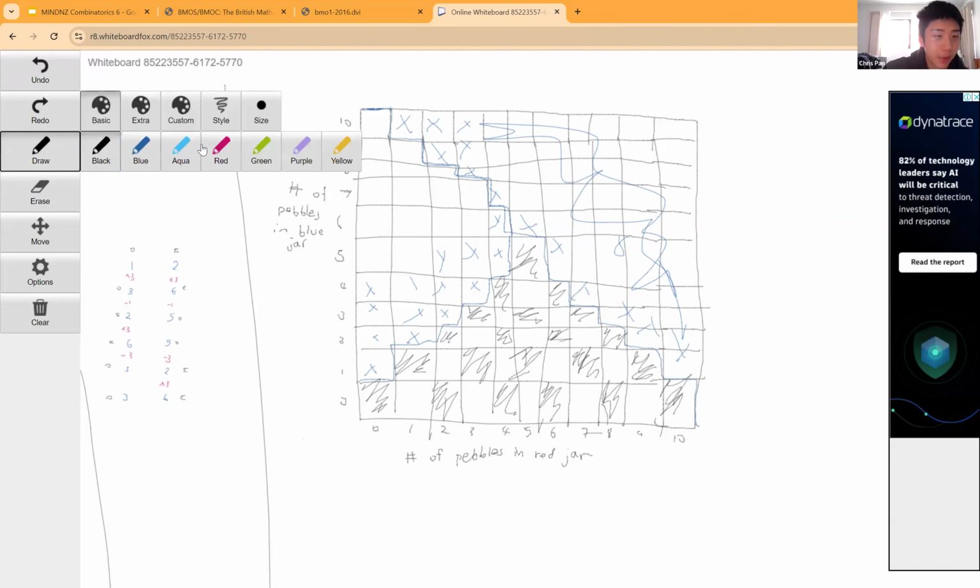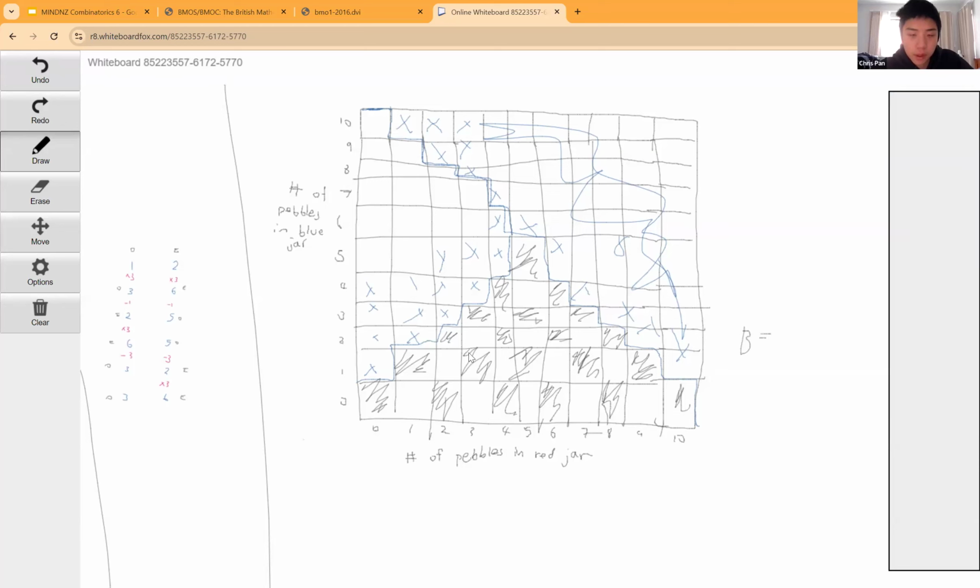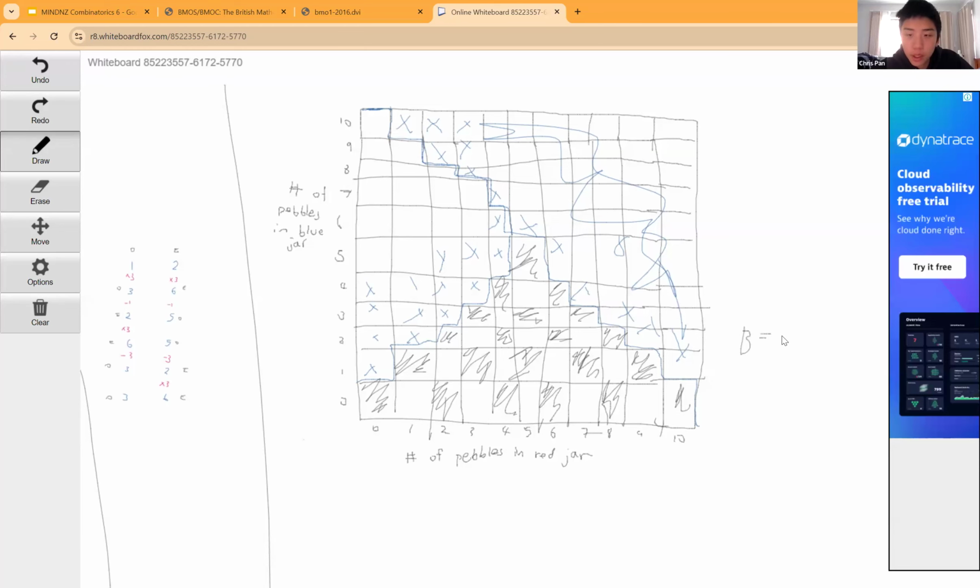For example, I start on a black cell, but then I go white, black, white, black, white, black, white, black. Let's count how many black cells and how many white cells we have. Black cells, we have 1, 2, 3, 4, 5, 6, 7, 8, 9, 10, 11, 12, 13, 14, 15, 16, 17, 18, 19, 20, 21. And white cells, we have 1, 2, 3, 4, 5, 6, 7, 8, 9, 10, 11, 12, 13, 14, 15.